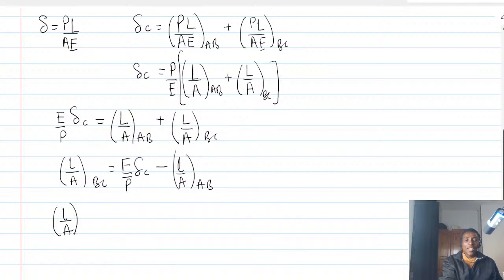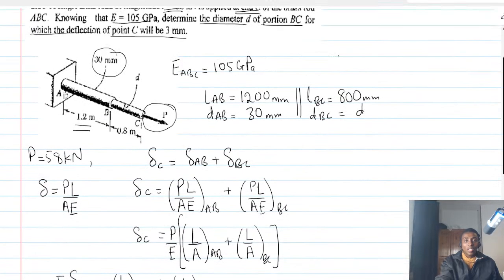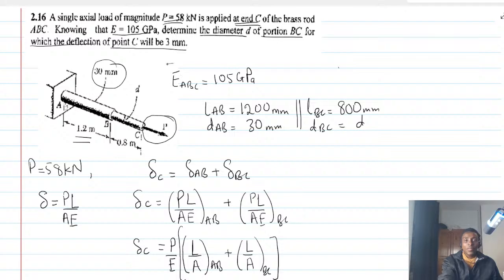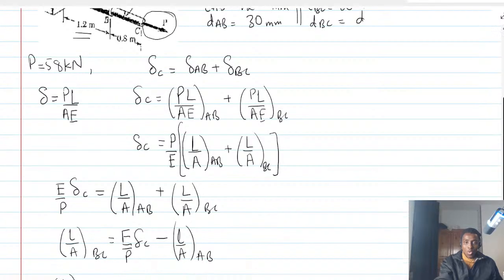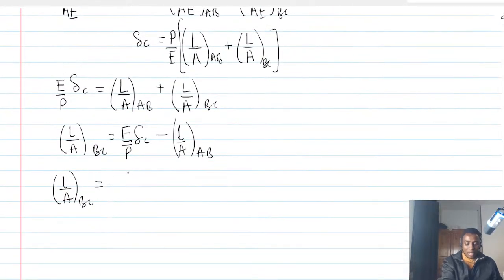So L over A for BC is going to be E over P times that. So let's go back. What is E over P? We want to substitute the values. The Young's modulus E is 105 gigapascal, so 105 times 10 to the power 3.